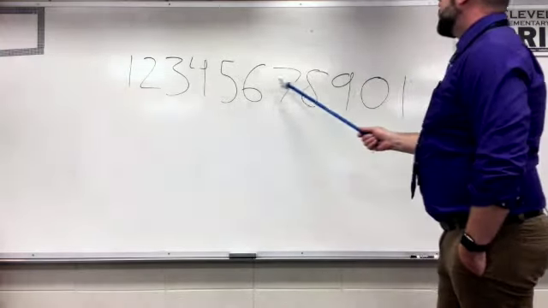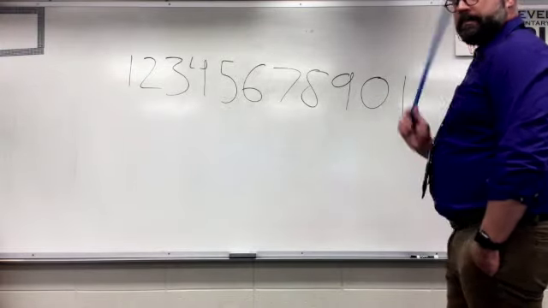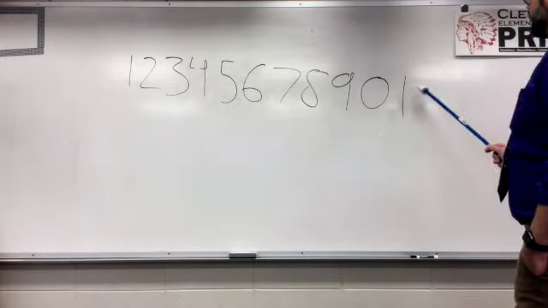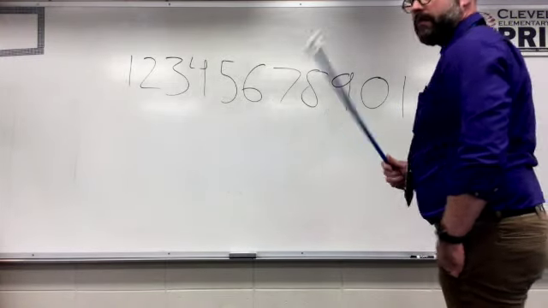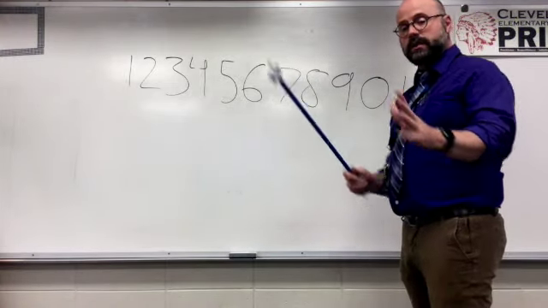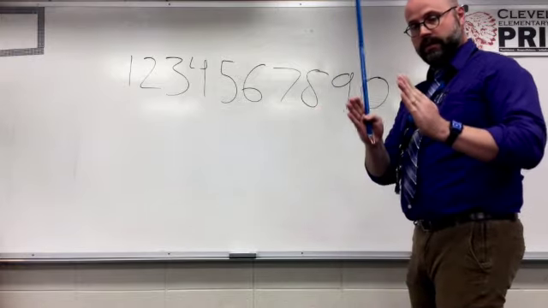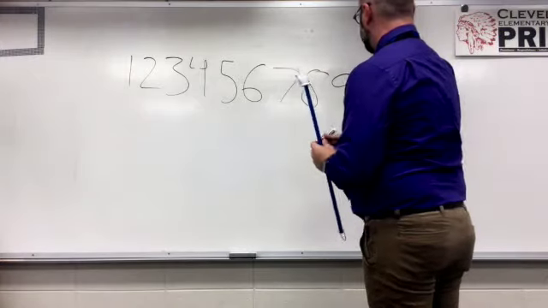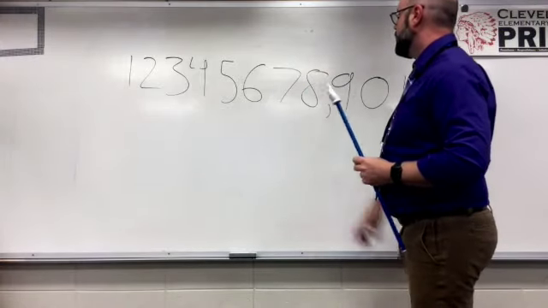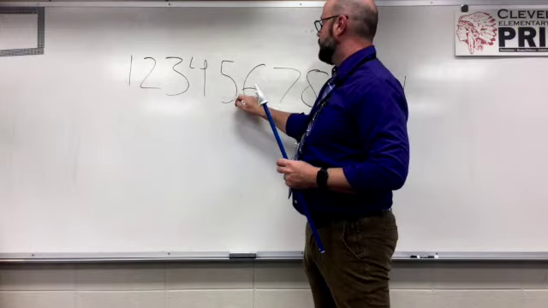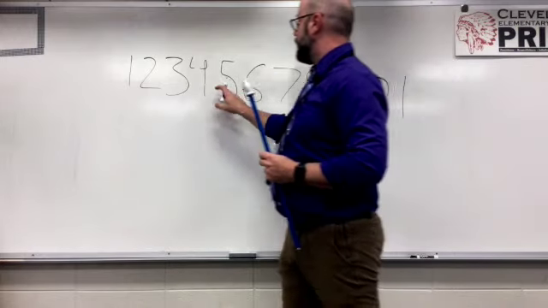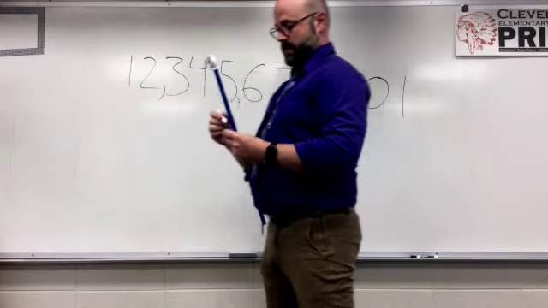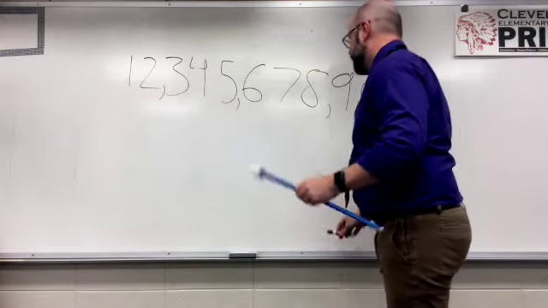Where are my commas going? Well, remember Mr. Ryan's hot tip: 3 numbers, comma. 3 numbers, comma. So we go 109, comma, 876, comma, 543, comma, 1, 2. There's not another number, so we do not need to put a comma.